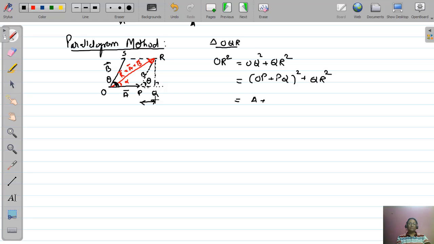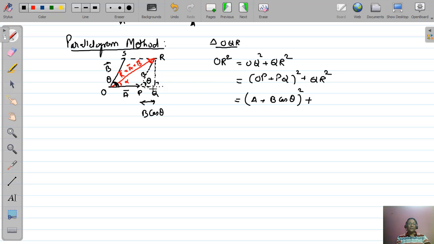This length is base over hypotenuse equal to cos theta. So this length will be B cos theta, and then squared.